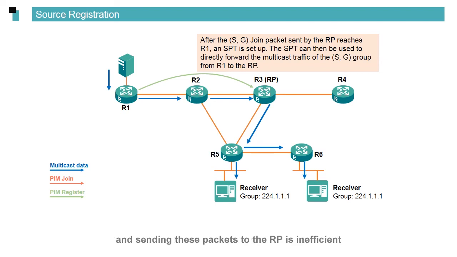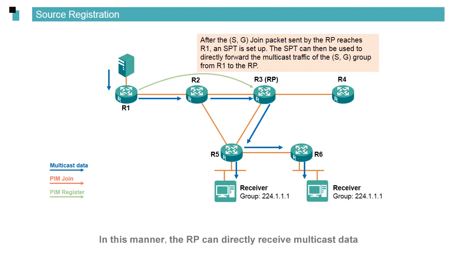Continuously encapsulating multicast data in register packets and sending these packets to the RP is inefficient and will cause R1 and the RP to be overloaded when multicast traffic is heavy. To resolve this issue, the RP sends an (S, G) PIM join packet for (10.1.1.1, 224.1.1.1) along the route to the source in an attempt to build an SPT between the RP and the source with the source at the root.